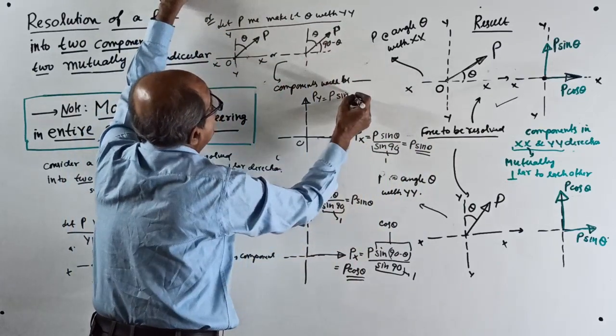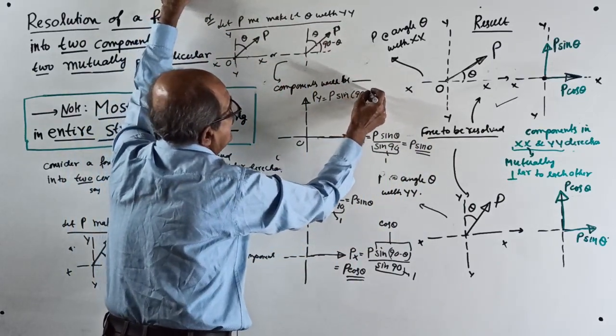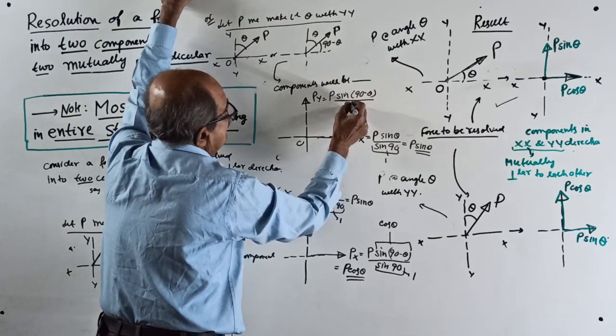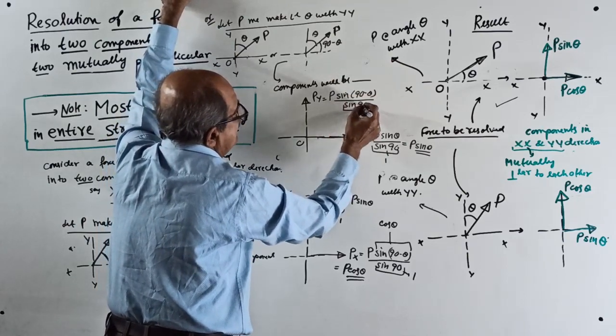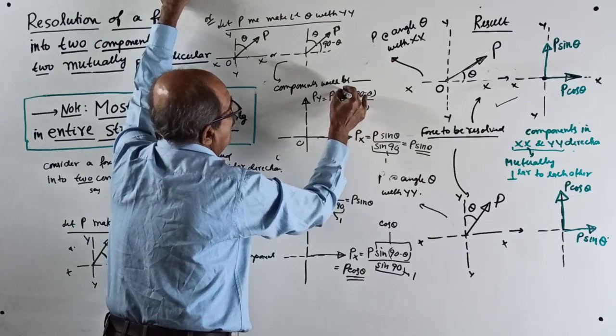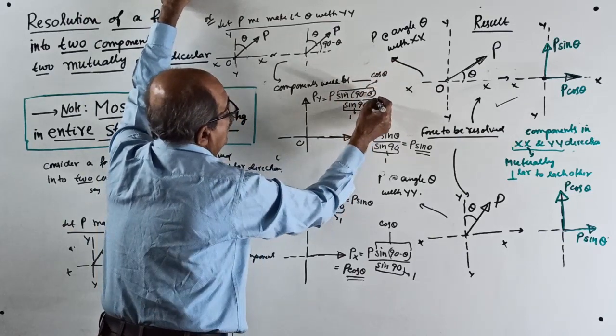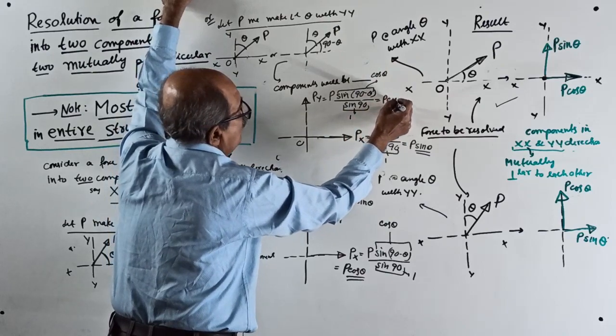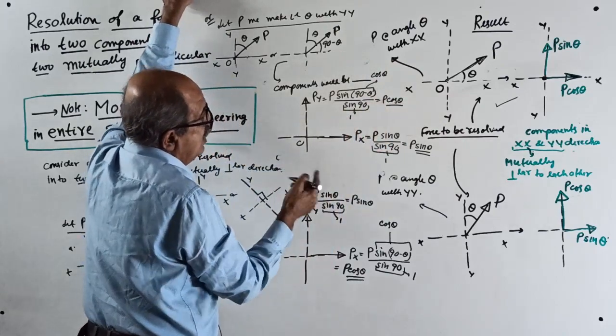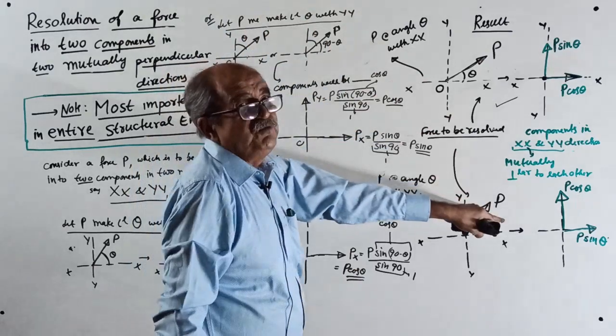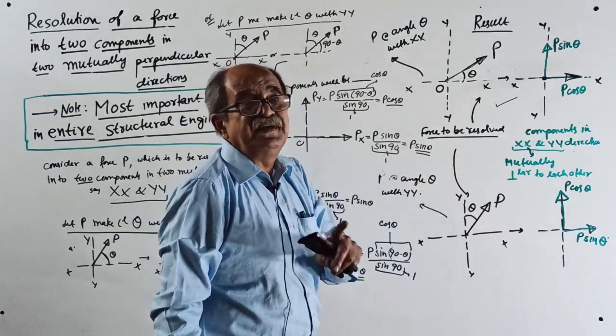If I want y, it is sine of 90 minus theta divided by sine 90. Sine 90 is 1 and sine of 90 minus theta, you should know, is cos theta. Our answer is P into cos theta. Now do one thing: come to the final result using the basic approach.